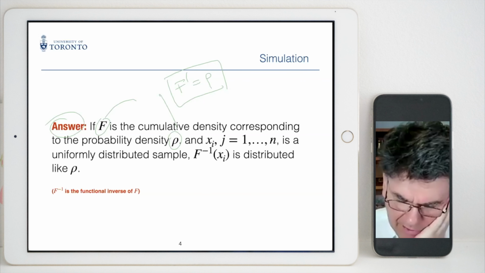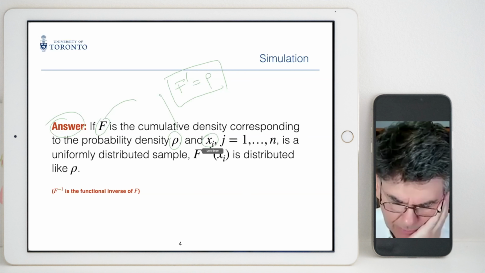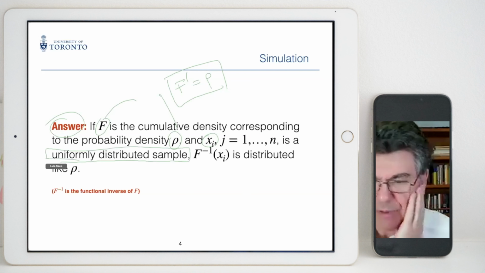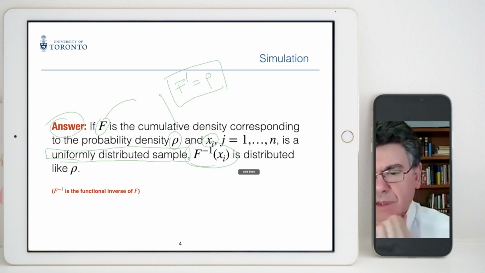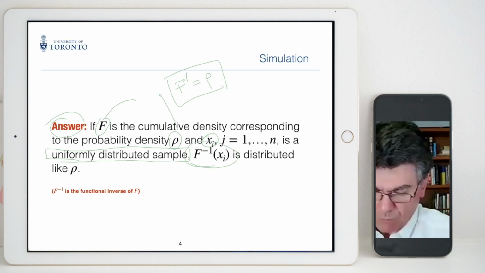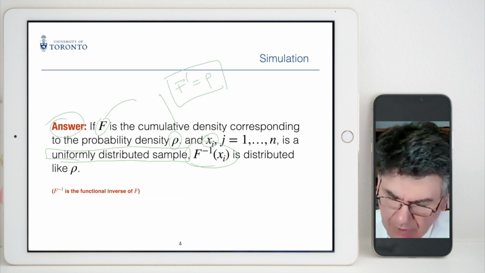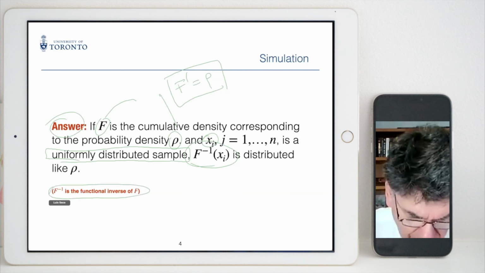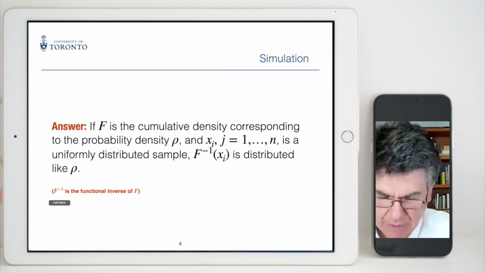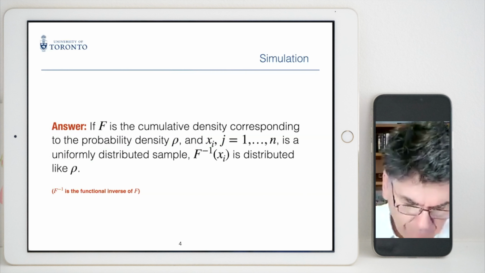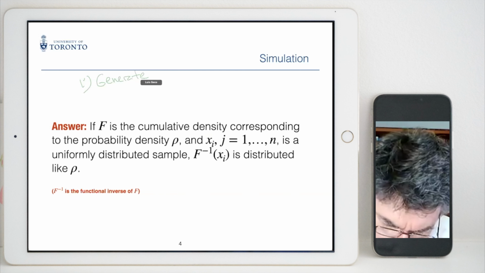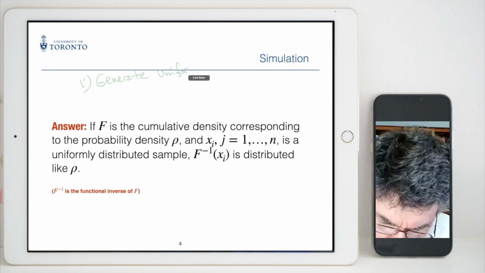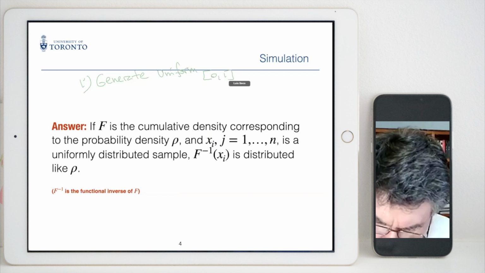And if these are uniformly distributed, I will mention how we can do this, then these are distributed like rho. So what you do, and this is the functional inverse of it, algorithmically is this. First, you generate uniform 0, 1 samples.